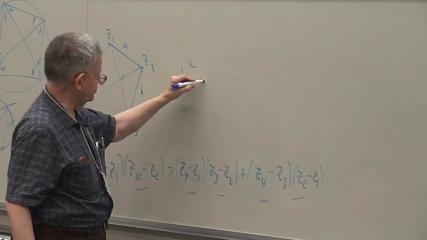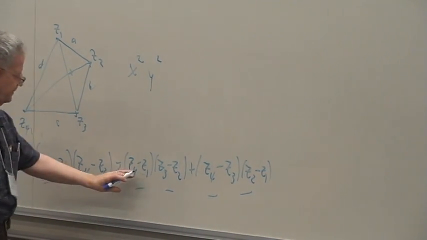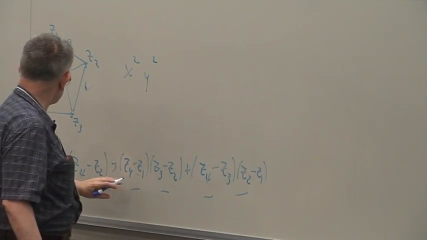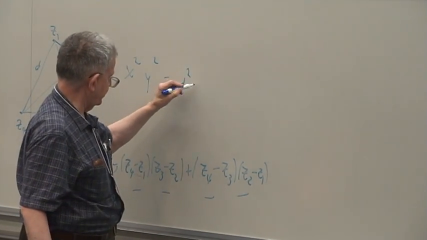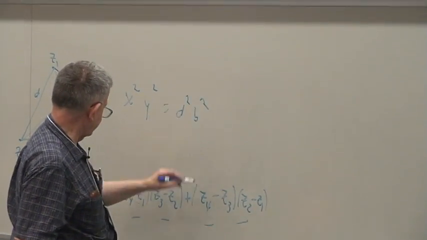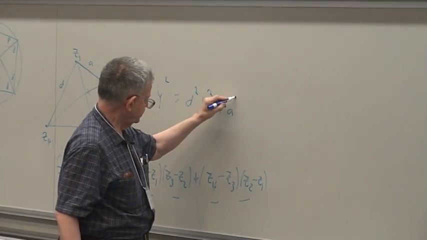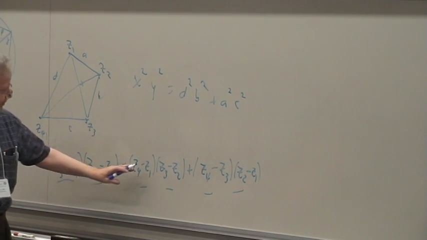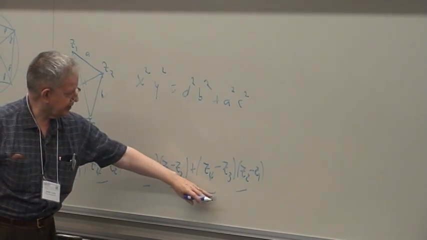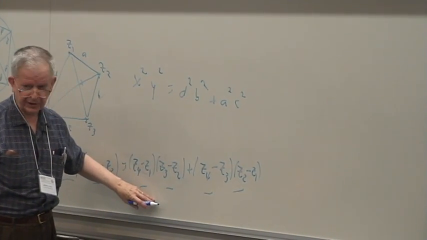Z4 minus Z2 is y. We get that. When we do this, that's d squared, b squared. This is a squared, c squared. And then you have this term times the conjugate here plus this term times the conjugate here.